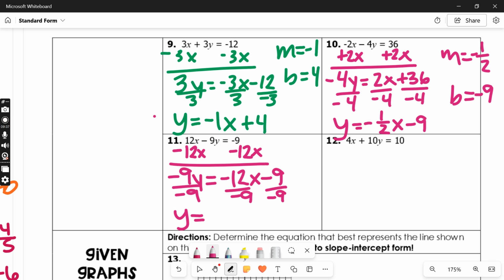I can divide those both by negative 3. So this would be 4/3 x, and then plus 1. So my slope here is 4/3, and my y-intercept is 1.